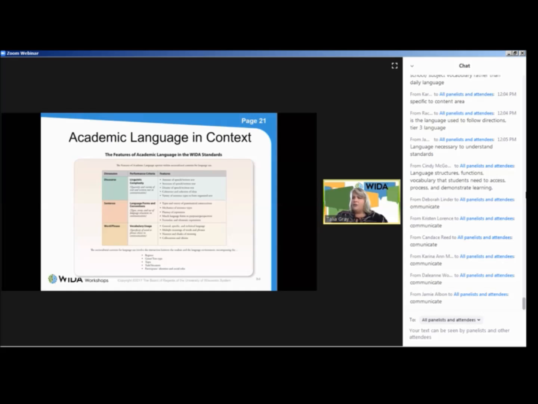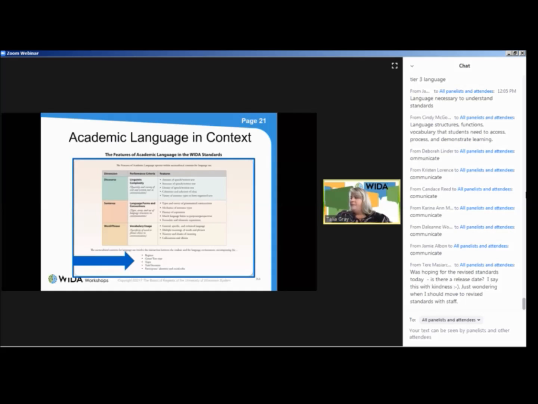Let's take a closer look at how this is conceptualized. Academic language is a huge topic, and WIDA tries to essentialize it and make it more manageable for teachers.